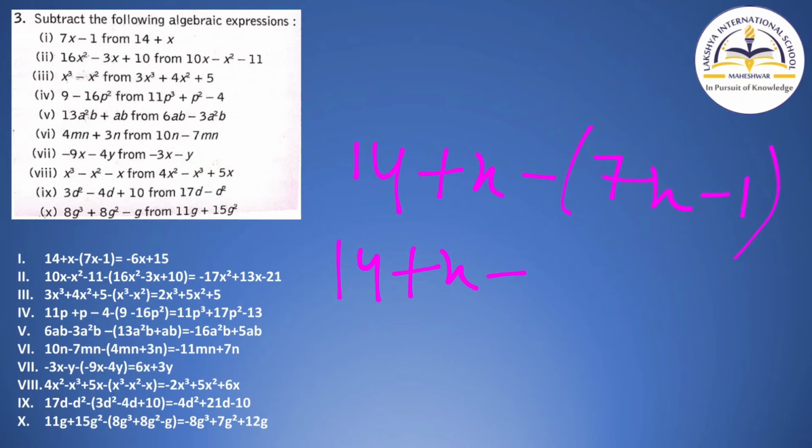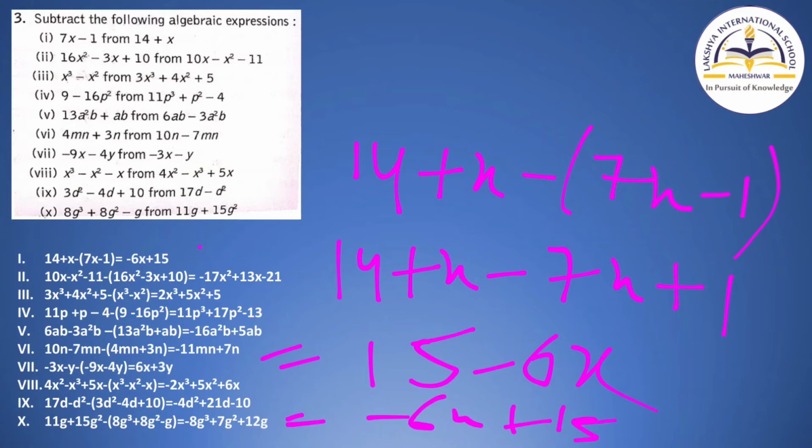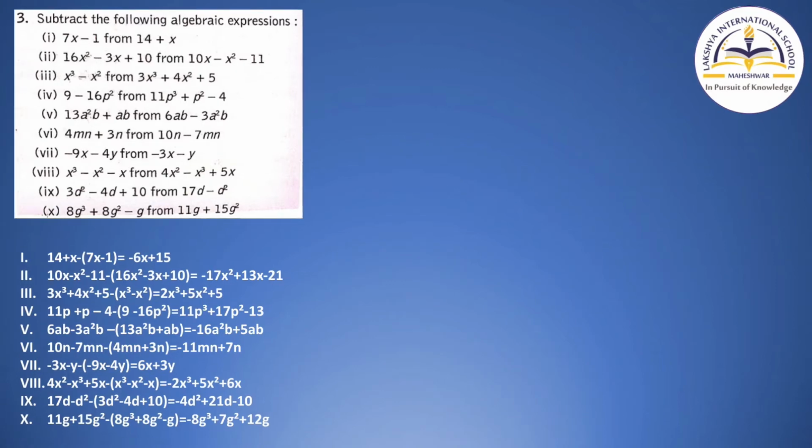You will get minus 7x, and minus minus is plus 1. Now 14 plus 1 is 15. Now x minus 7x equals minus 6x, so you can write minus 6x plus 15. This will be your answer.